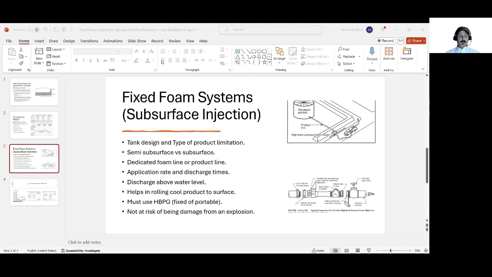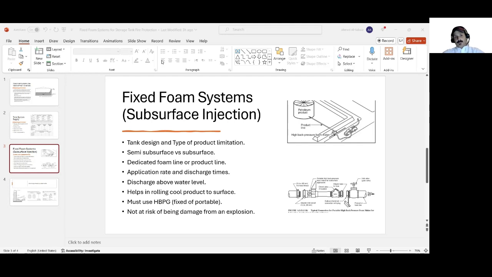Hydrocarbon tanks storing oils usually will have some kind of water layer at the bottom of the tank. This system will inject foam at the bottom, but above the water layer, because you don't want foam to go through the water layer. Otherwise, it's going to destroy the formation of the foam.